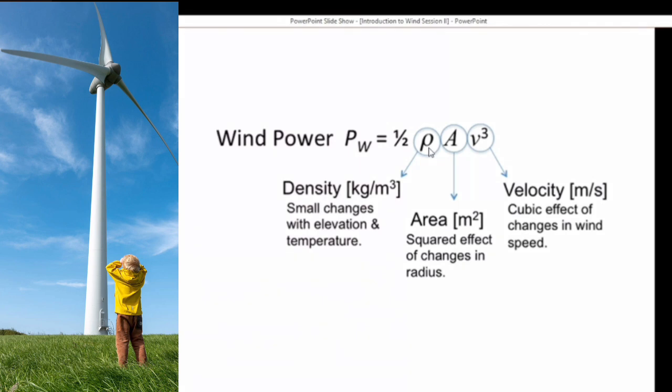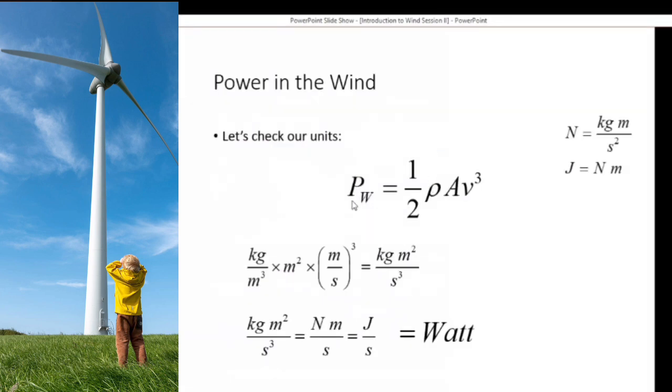Those are just the demonstration. Let's check our units. In this case, it is like a dimensional analysis in physics. In physics, that is what we call dimensional analysis, where we check our units, and each variable can be replaced by its unit.